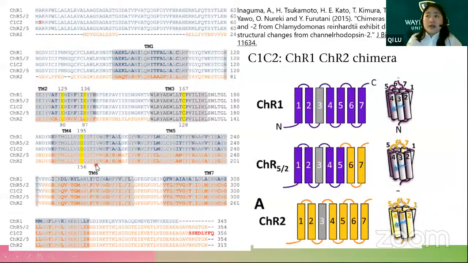The geometry is the same. So we can say that this C1C2 chimera has the first 5 helices from CHR1, but actually from the third alpha helix, the transmembrane domain is quite similar to channelrhodopsin 2.